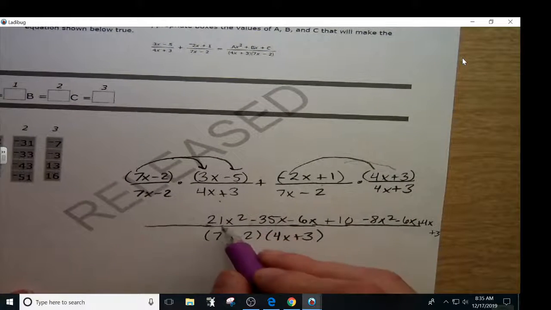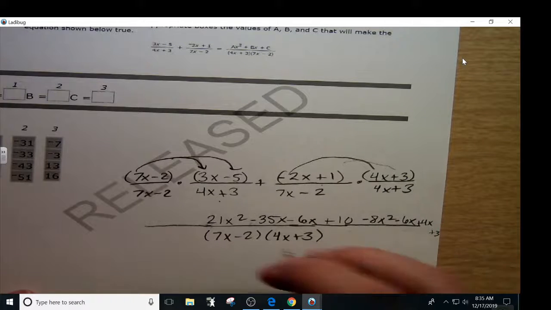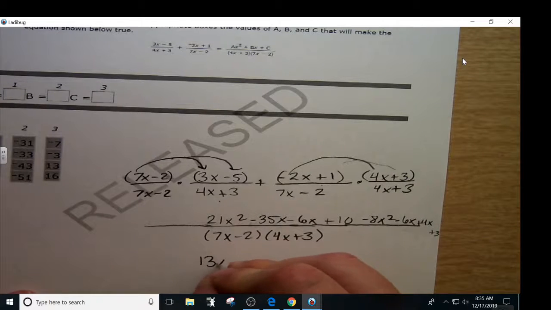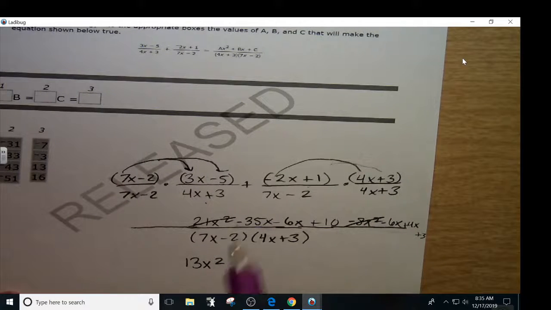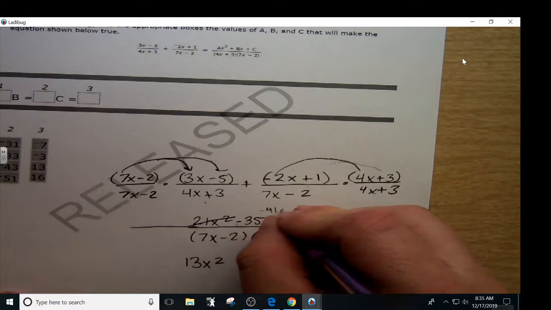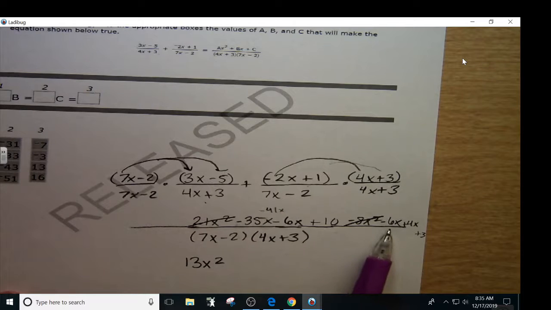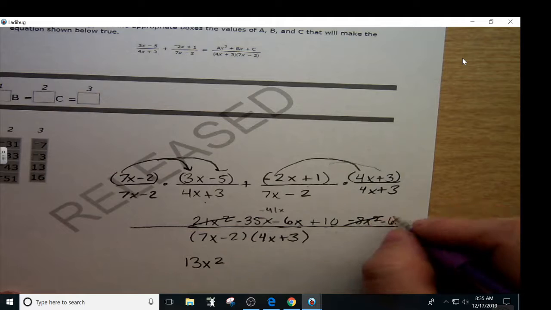We have a 21x squared and a negative 8x squared. That's going to be 13x squared. Now, we have a bunch of x's here. That's going to be negative 41x. I'm going to write that up here. And then we have negative 6x and 4x here. That's going to be negative 2x.